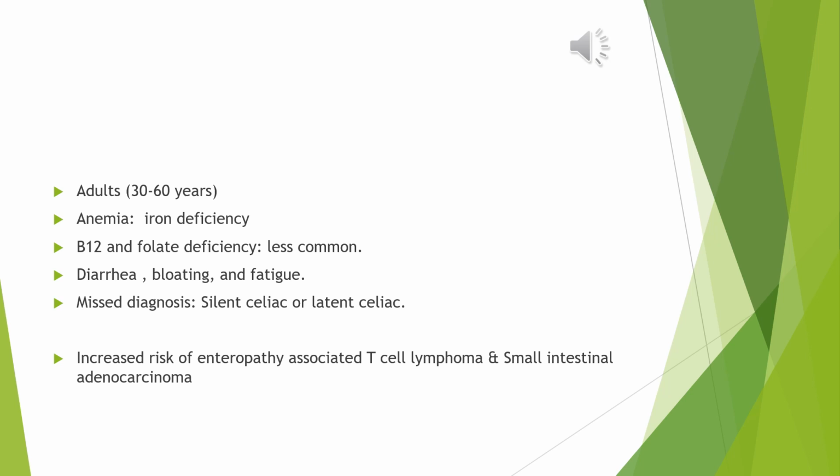However, the patient is asymptomatic, but later on may start to develop the symptoms of celiac disease. Latent disease means that the patient has a positive serology, however histology is normal and symptoms are absent. These cases of silent or latent disease may develop the full-blown picture of celiac disease later on.